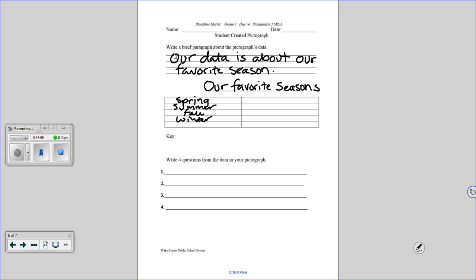What do you think, Colin? Maybe a sun. A sun? Sure. Jackson? Snowflake or a leaf?